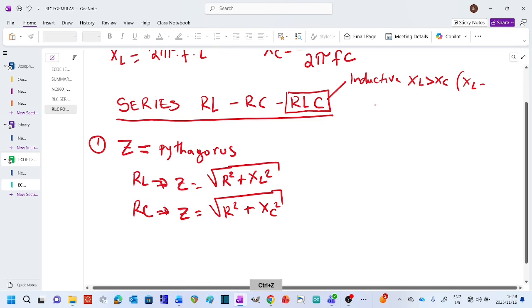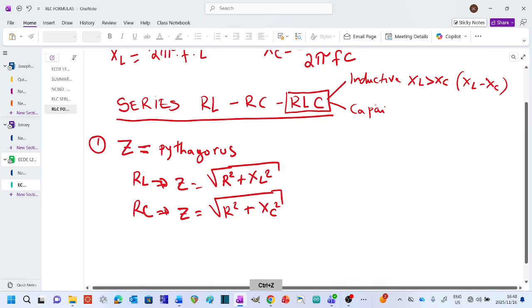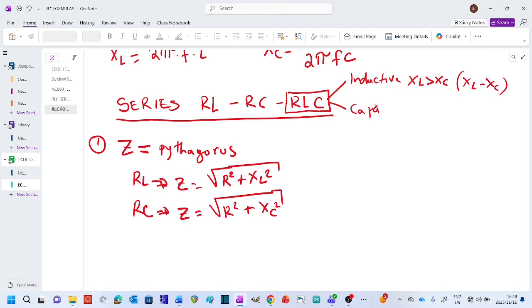So that's it. When you are dealing with a capacitive circuit, because the RLC circuit can be capacitive, which means XC is bigger than XL. So what does that mean?